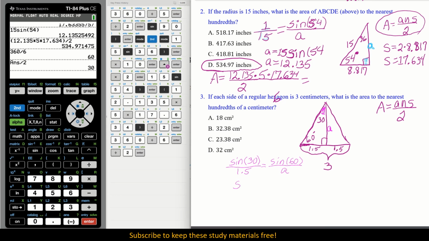So we have sine of the 30 degrees, A is equal to 1.5 sine 60 degrees, okay? And that is all over, well, we have to divide by the sine of 30 degrees on both sides.